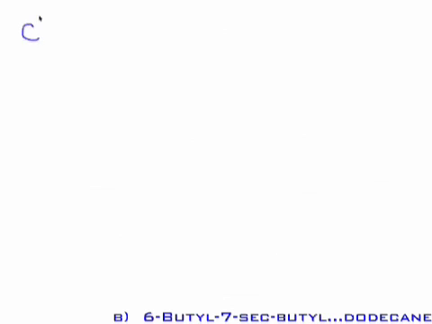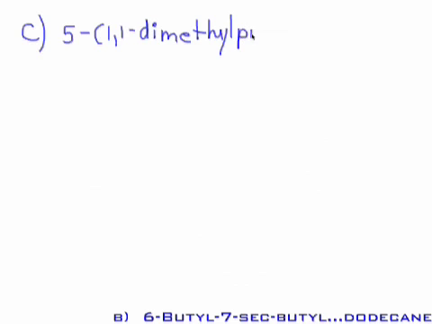The name given in C that you have to find the structural formula for has a side chain which has no common name apparently. Let's see if it does. We'll take a close look once we draw the structure. 5-(1,1-dimethylpropyl)nonane.